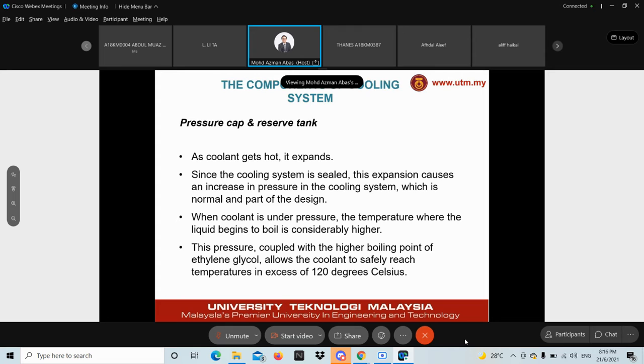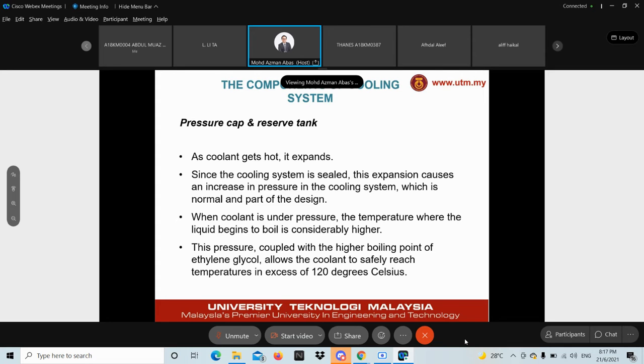The pressure cap's function is to regulate the pressure inside the cooling system. As coolant gets hot, it expands. Since the cooling system is sealed, this expansion causes an increase in pressure in the cooling system, which is normal and actually part of the design. When coolant is under pressure, the temperature at which the liquid begins to boil is considerably higher.